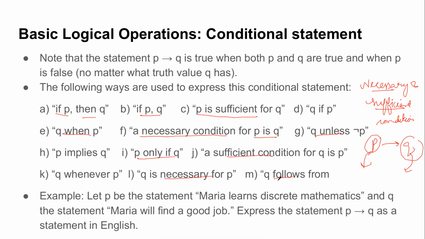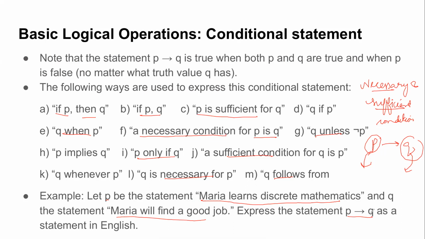Let's try to see an example so that we understand the conditional statement. Suppose you are given two propositions. The first one, your P statement, is Maria learns discrete mathematics, and the Q statement is Maria will find a good job. Now, can you express different forms of the implication statement P implies Q?